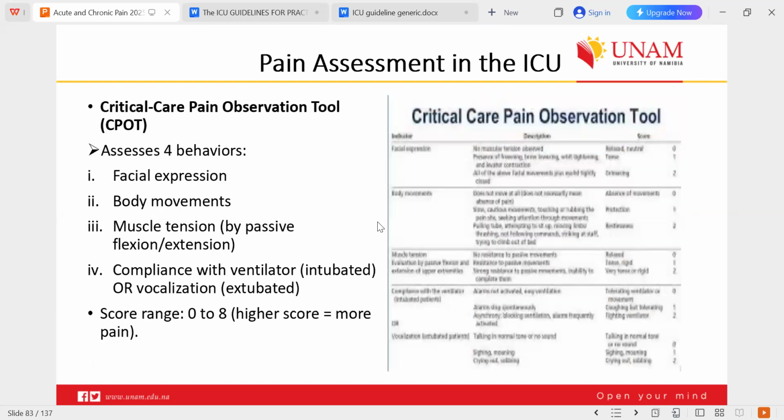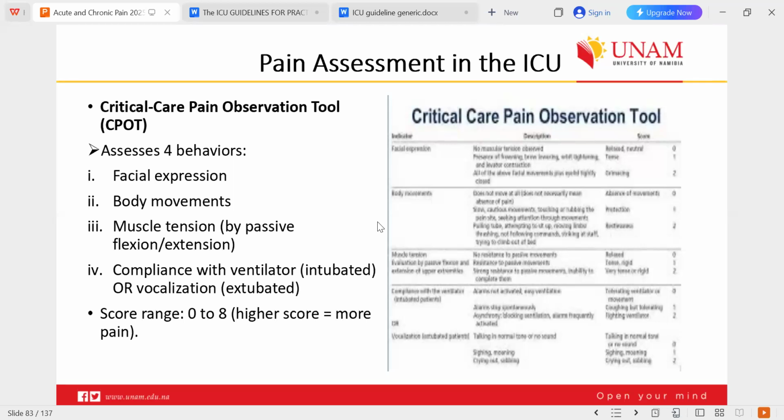Then we have the CPOT, which is the Critical Care Pain Observation Tool. This is also designed for use in the ICU and assesses 4 behaviors: the patient's facial expression, body movement, muscle tension, and compliance with the ventilator for those who are intubated and ventilated, or vocalization for those who are not intubated.